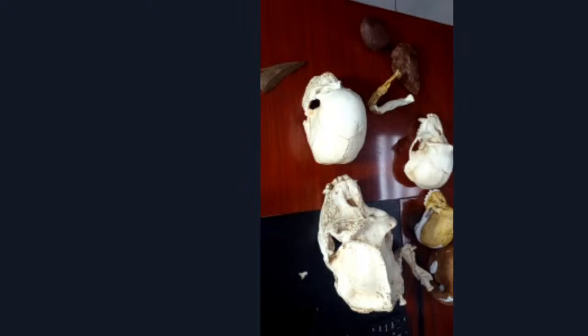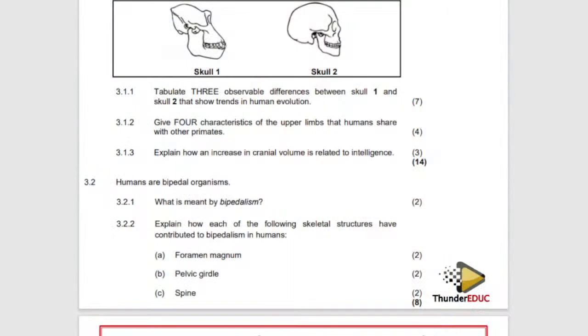Guys, I'm still being disturbed by the network, but it's fine. So if you are asked to tabulate the differences, then you're going to say what's happening with skull 1. Skull 1 has the brow ridge well pronounced.